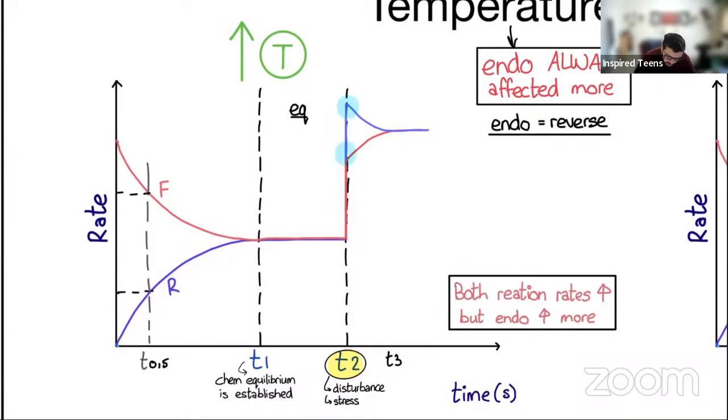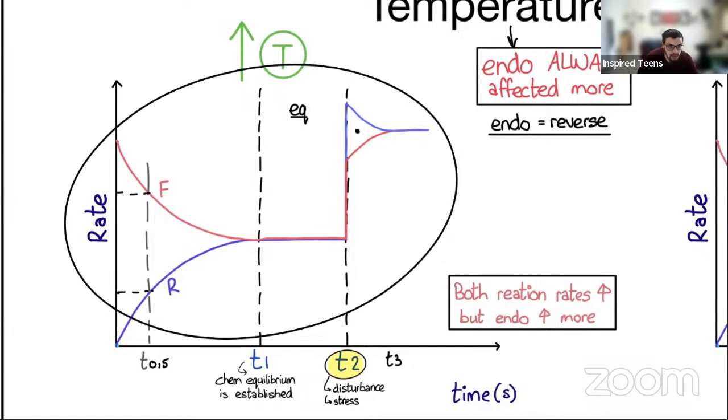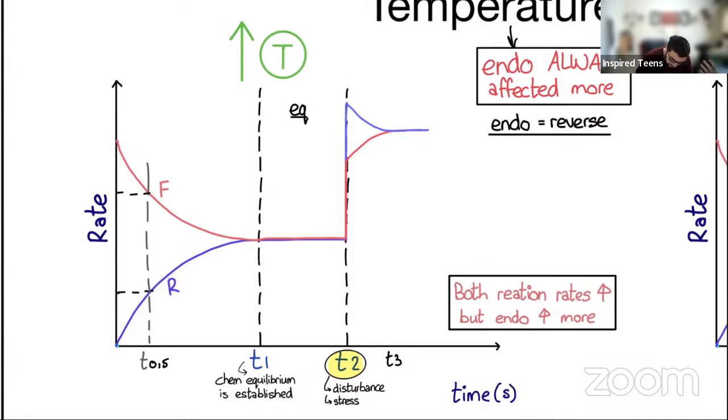Whichever one is more and whichever one is less, they always meet in the middle. The rate of the forward and the rate of the reverse meet in the middle, and they form what kind of looks like a duck. It's not important, but it is.